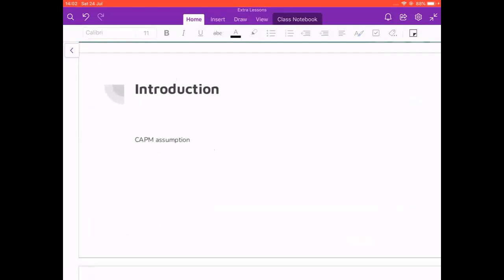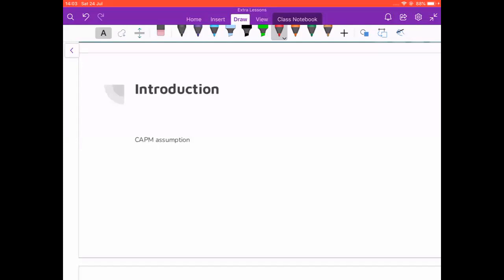Mainly three assumptions. The first one is that all investors are mean-variance optimizers, or they all want to invest efficiently. They all agree on the returns, variances, and covariances of assets, and they all have the same risk-free return.